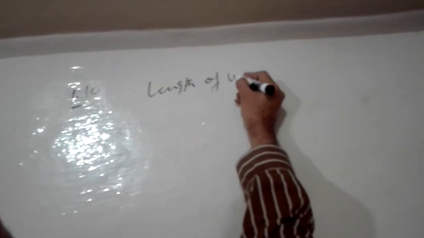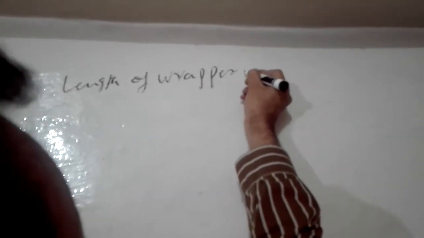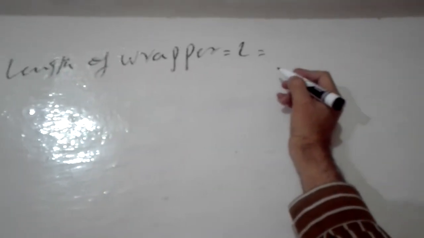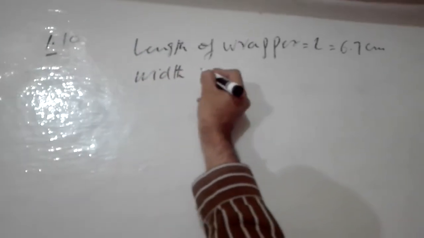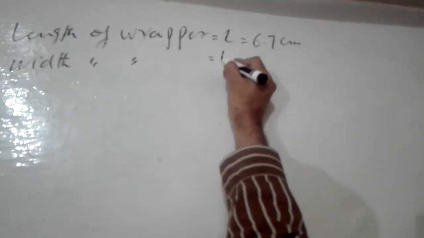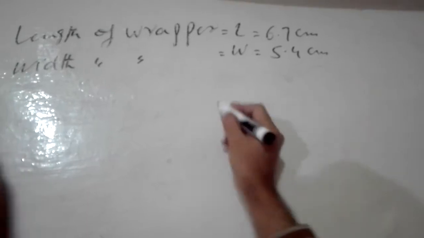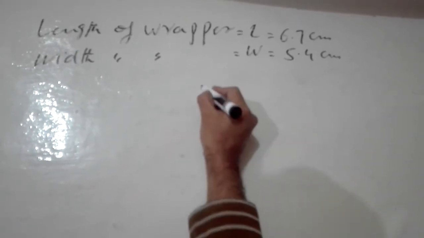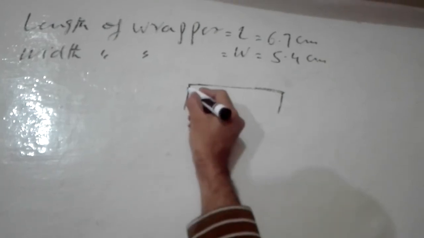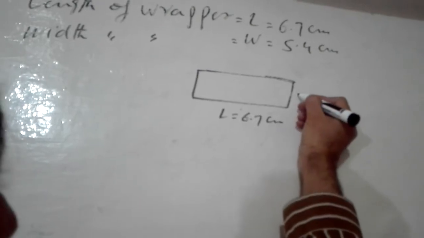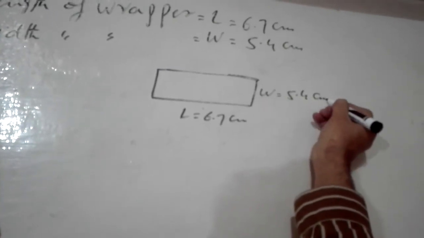Length of wrapper, we can denote this with L. Length of the wrapper is 6.7 centimeter, and width of wrapper denoted by W equals 5.4 centimeter. You know, wrapper is like a rectangle shape like this. This is the length, 6.7 centimeter. This is the width, 5.4 centimeter.